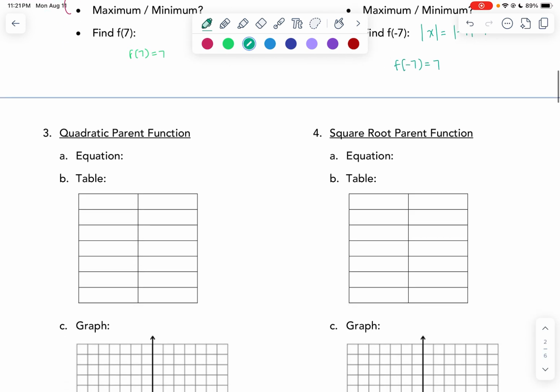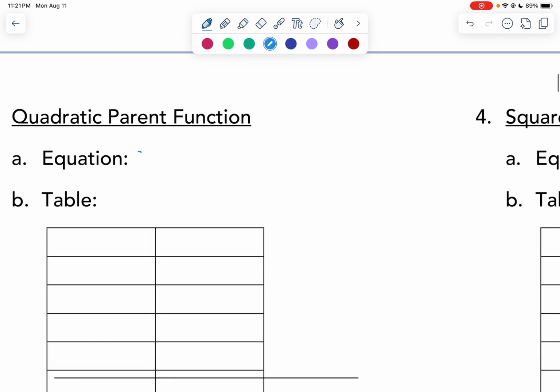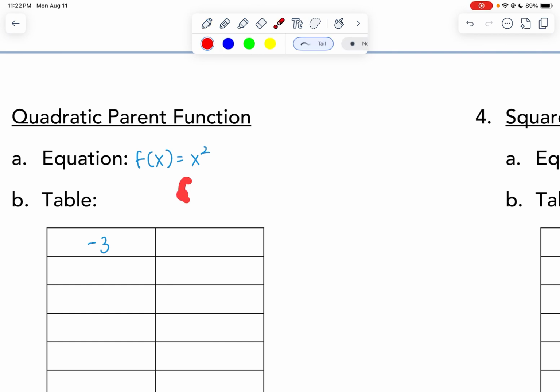Now, the quadratic parent function is f of x equals x squared. If you plug in a -3, remember that -3 times itself, so -3 squared, is going to be positive, so it's going to give you 9. So it's kind of similar to that absolute value.